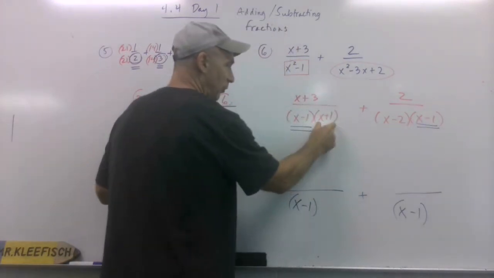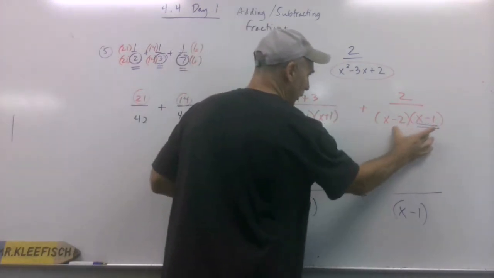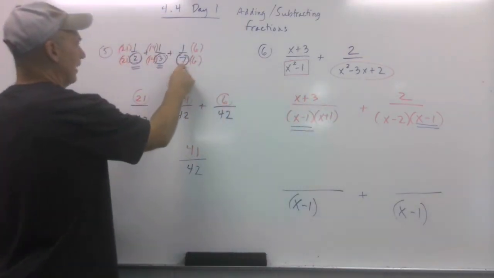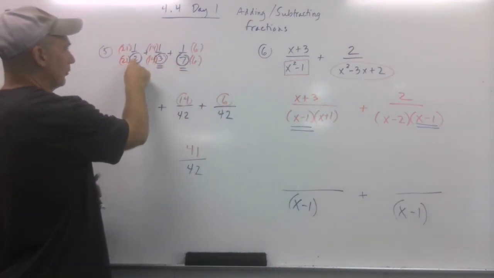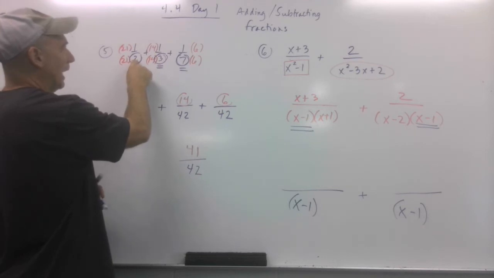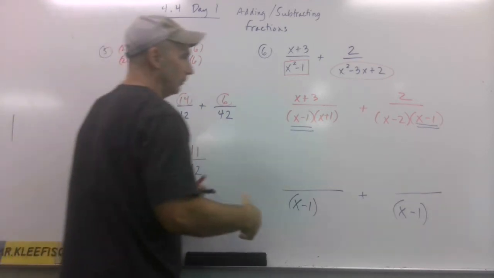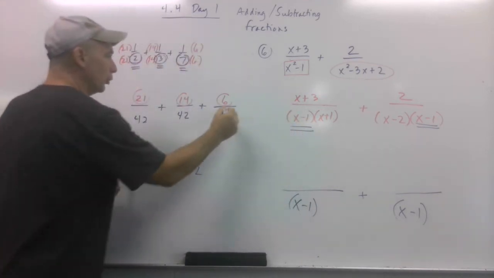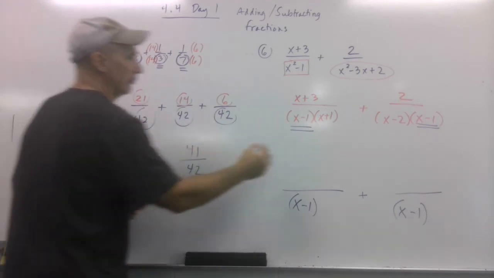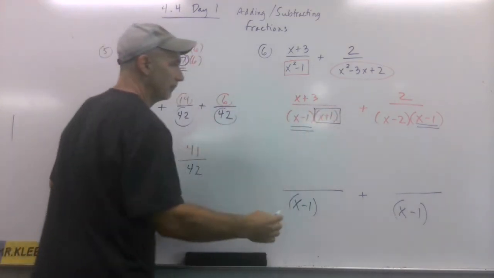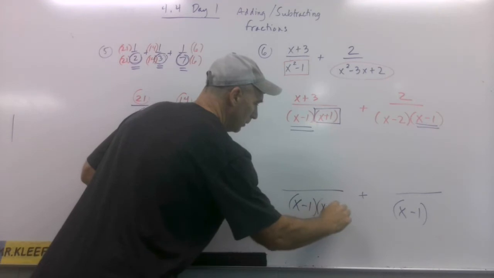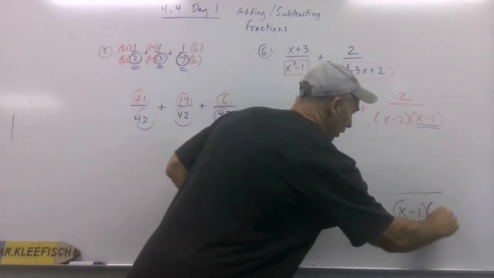Now we have an x plus 1, and this one doesn't have one. Remember, these are all different, 7, 3, 2. So we had to go 7 times 3 times 2. Anything different, we need to include in our denominator. So my x plus 1, I'm going to bring that along, but this one needs it also.